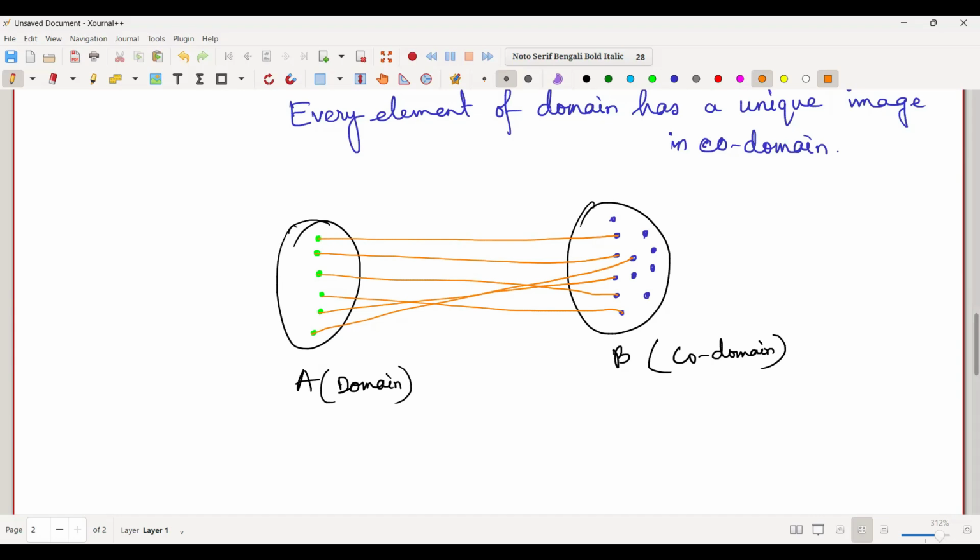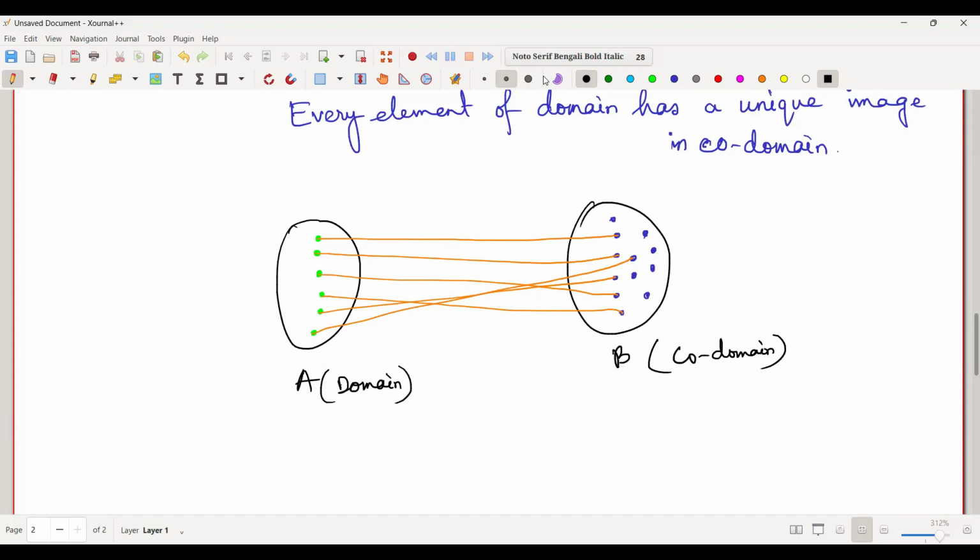Okay, for every element. So for a relation to be a function, all the elements of set A should have exactly one image. Now we are saying that every element of the domain has only one element, exactly one element, I mean image.